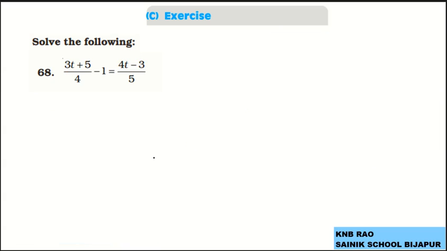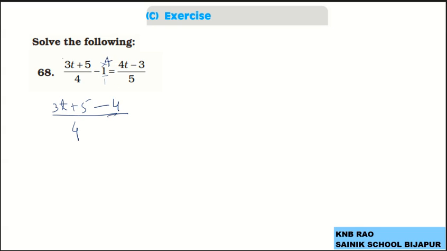Now, coming to the next, 68th question, we have here 3t plus 5 upon 4 minus 1. So, best is to take LCM in left hand side. LCM is 4. So, 3t plus 5 minus 4, because 1 in 4 for 4 times, and that 4 multiplies this 1.